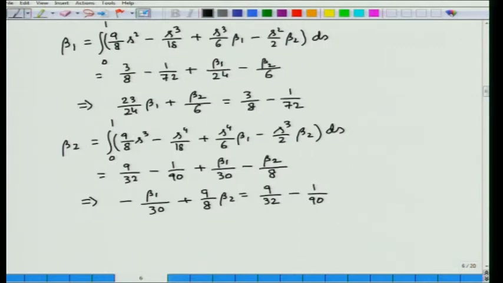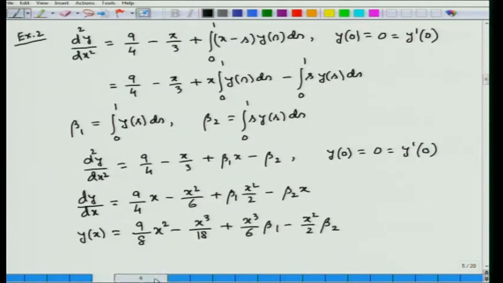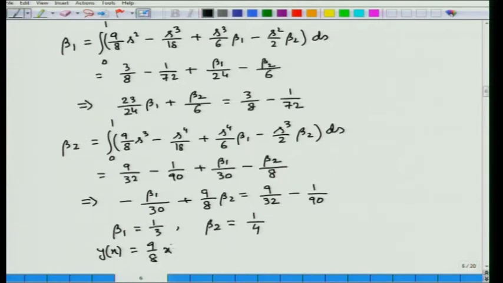Now, solving these two linear equations, we find beta 1 is equal to 1/3, beta 2 is equal to 1/4, and after substituting these two values for beta 1 and beta 2 into the expression for y, you can find y(x), this is equal to 9/8 x square minus x cube by 18 plus x cube by 6 into 1/3 minus x square by 2 into 1/4.